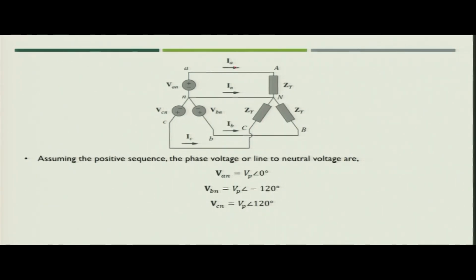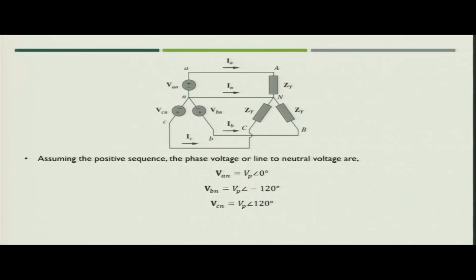Now, let us assume that the current flowing in the line connecting phase A of the source to load is IA. Similarly, the line connecting phase B of the source to phase B of the load carries IB, and the line connecting C phase of the source to C phase of the load carries IC. We will also assume there is some current IN flowing in the neutral wire connecting the neutral of the source to the neutral of the load.